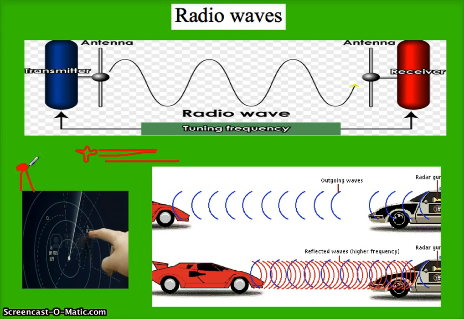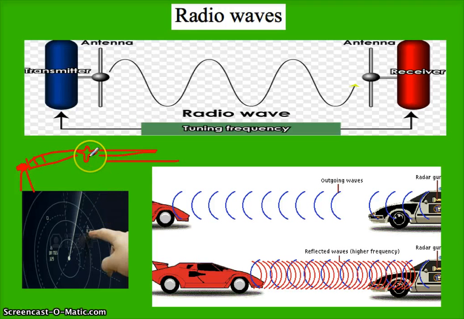But it's going to produce these waves that are going out. And these waves going out, that of course have a pretty good distance between the crests, are going to eventually reach the airplane. The waves go to the airplane, and in some cases the signal is relayed back. And what that does is that gives the plane's location and it gives its elevation. So they can track it on something like this down here.